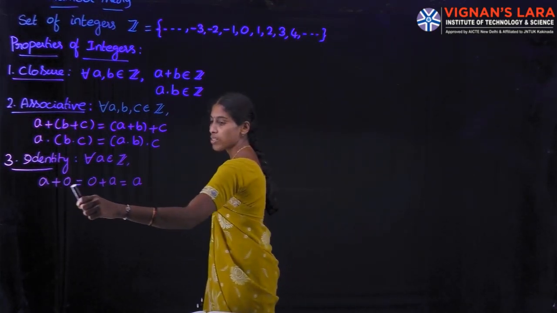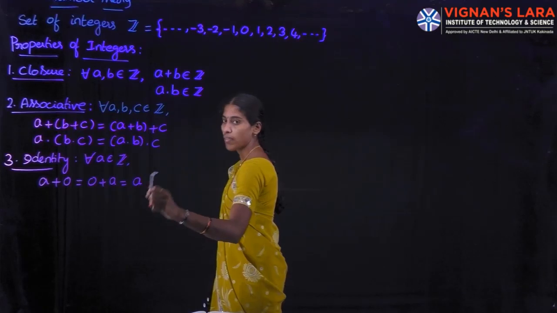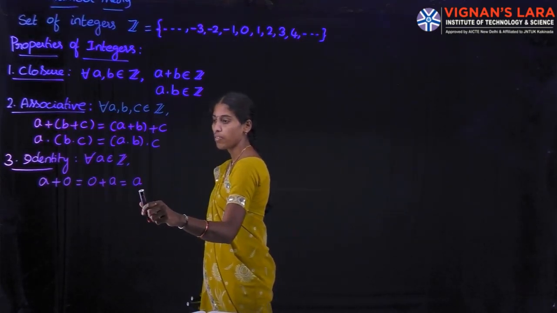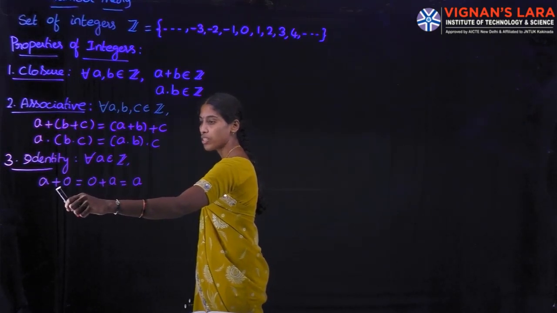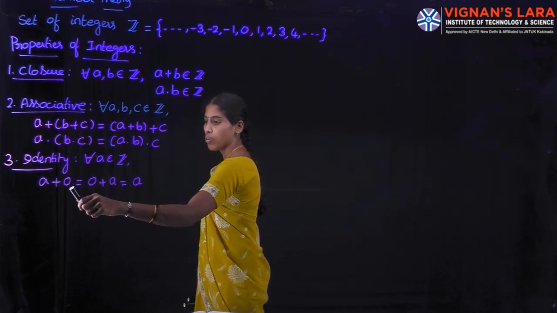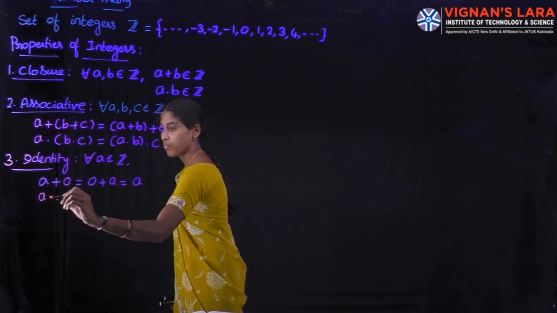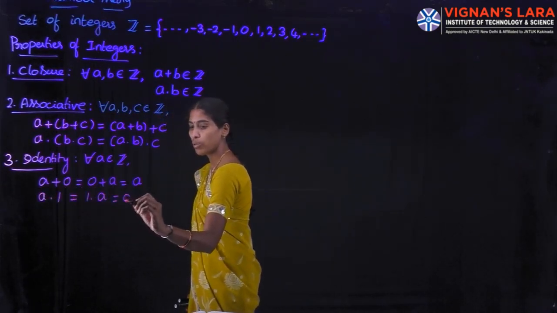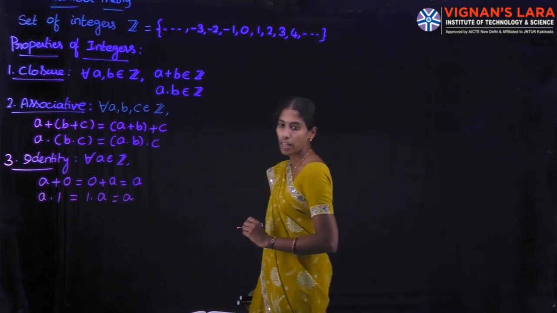So a plus 0 equals 0 plus a equals a. That means a carries itself using the operation addition and applying 0 to it. And similarly, a into 1 equals 1 into a equals a, right?